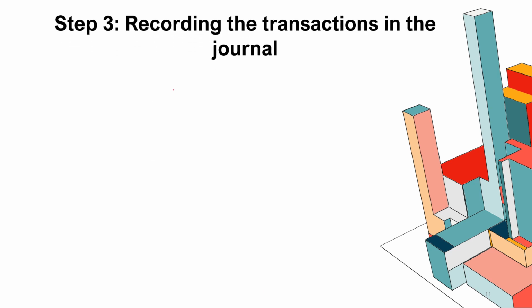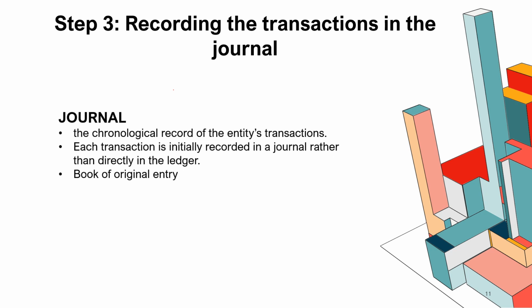Okay, we are now on step number 3, recording the transactions in the journal. What is a journal? This is the chronological record of the entity's transactions. Chronological meaning you have to record the transactions as they transpire. Of course, you will start with the first day of the month, the second day, the third, and up to the last day of the accounting period. Each transaction is initially recorded in a journal rather than directly in the ledger.